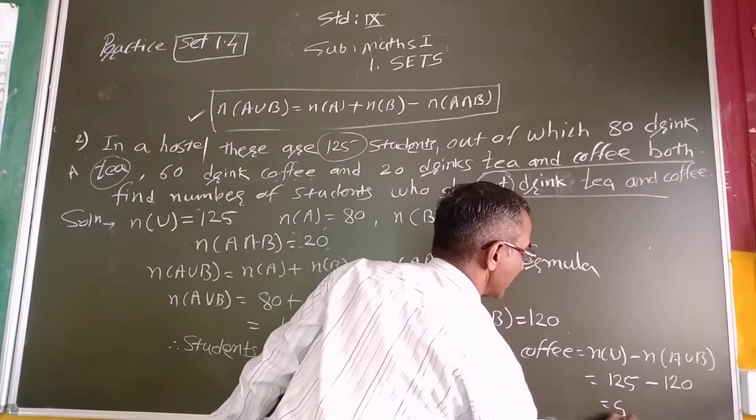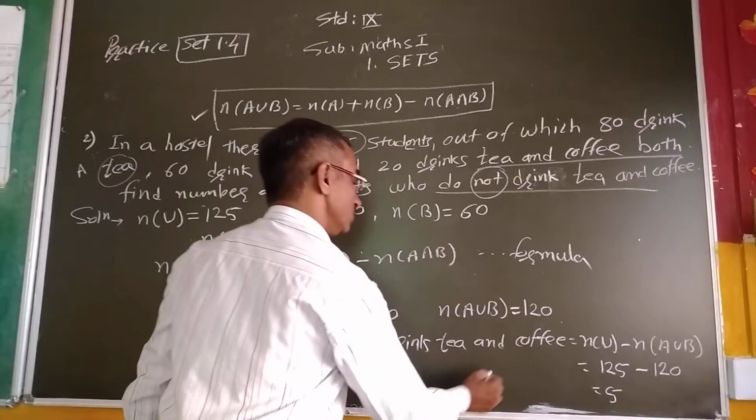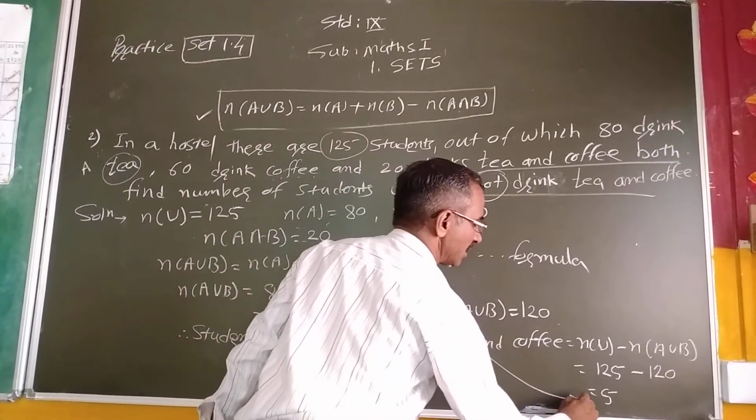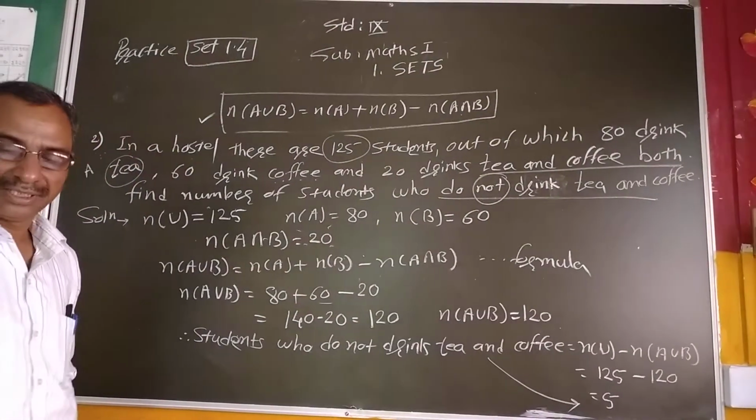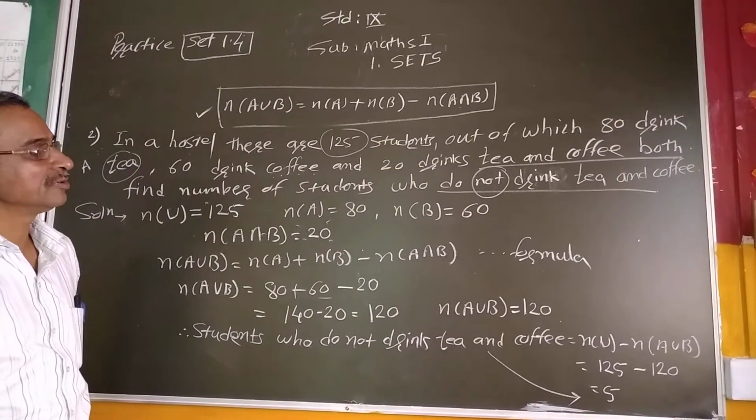So we got the final answer 5. Those students who are not drinking the tea and coffee is 5 students. It is our answer.